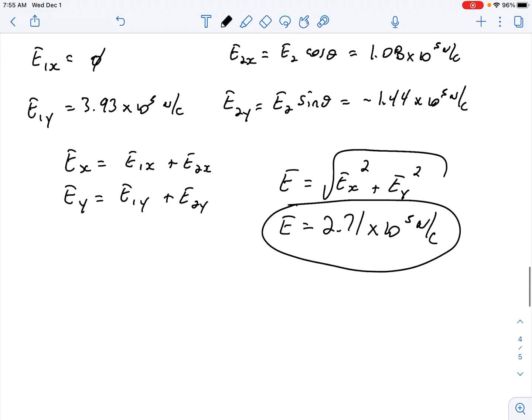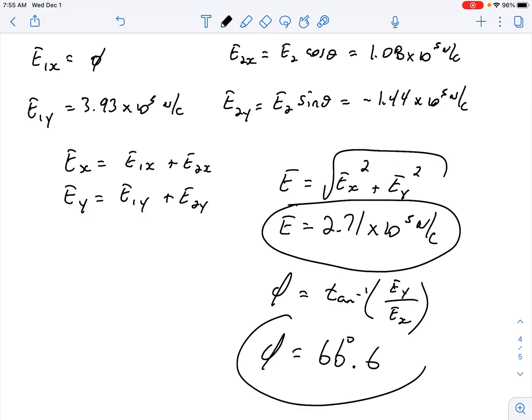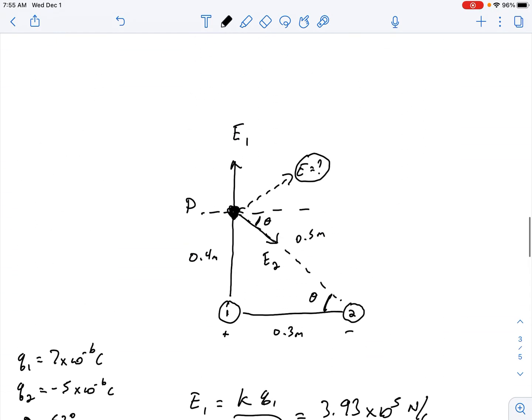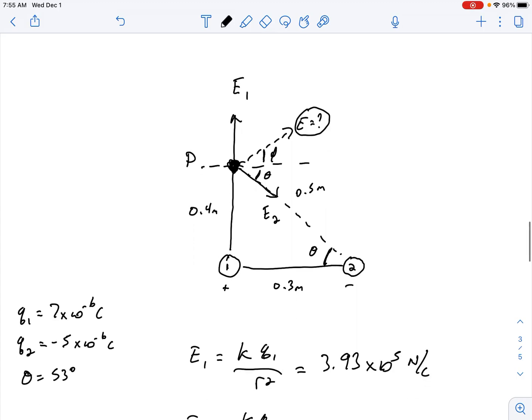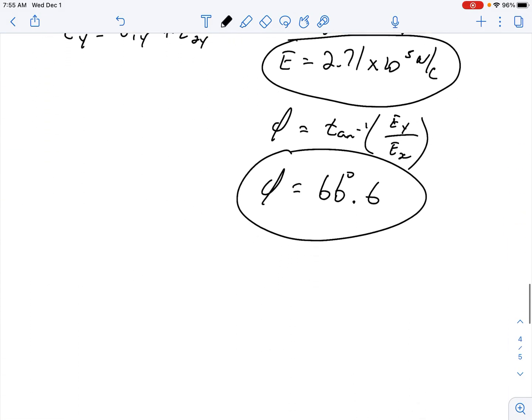And the direction for this is the inverse tangent of the y component over the x component. And when we calculate that, I came up with 66.6 degrees. And to show you on the picture, that is phi. That is the angle we just calculated, the angle for the electric field E. We did it. That is part A.